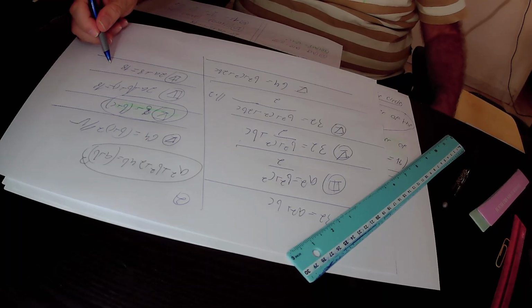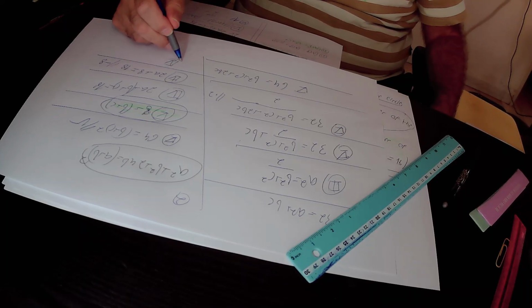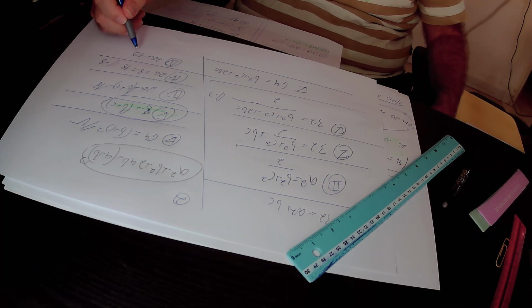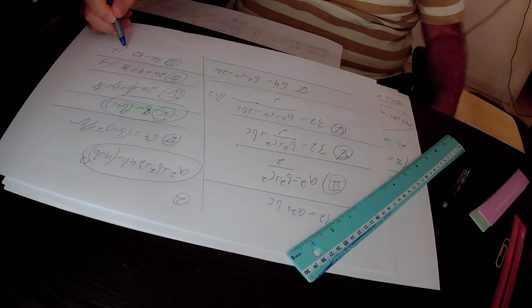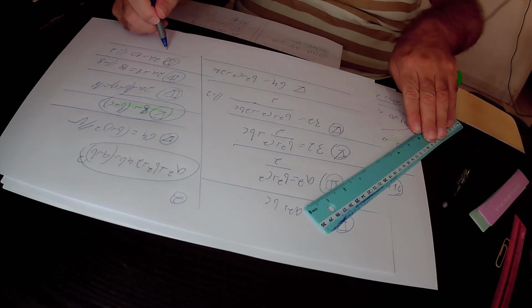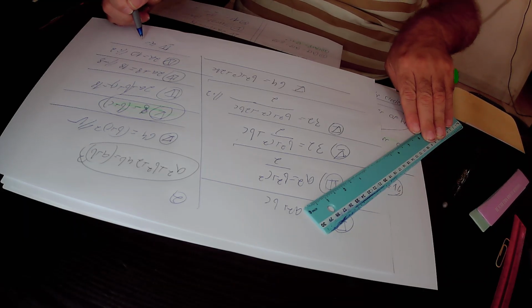Here we subtract 8 from this equation 4, and finally get that 2A equals 18 minus 8, which is 10. So 2A equals 10. Here we divide this equation by 2, and finally get that according to equation 4, A equals 10 over 2, which is 5.